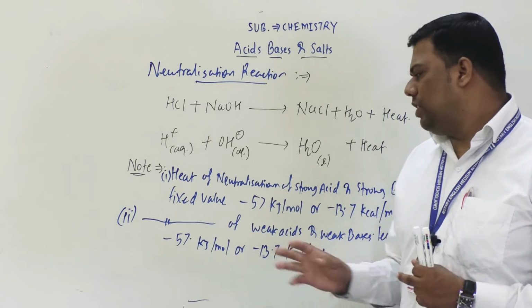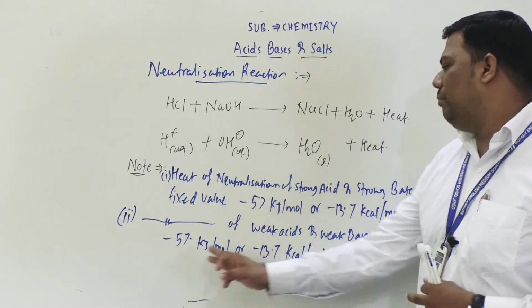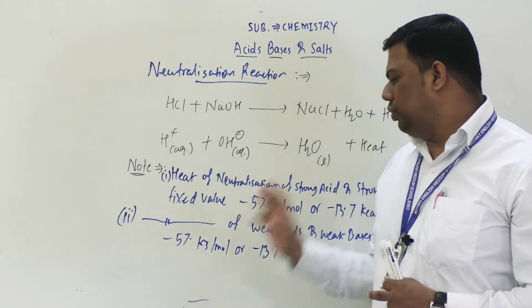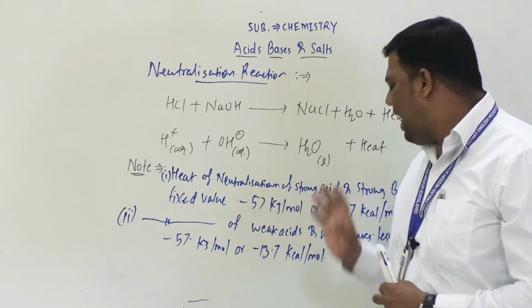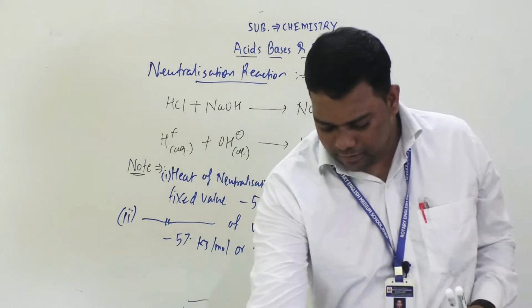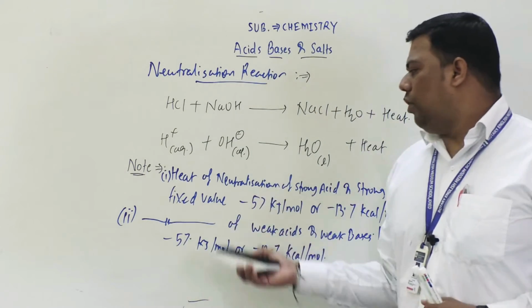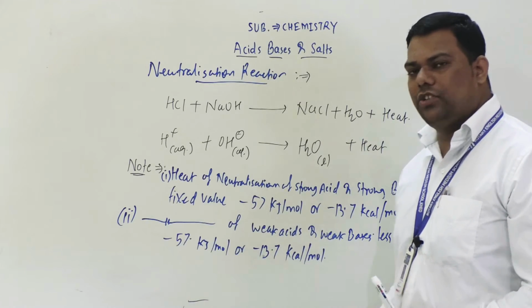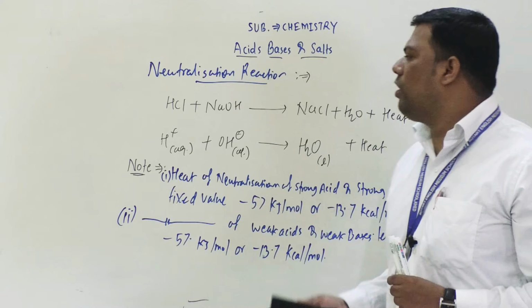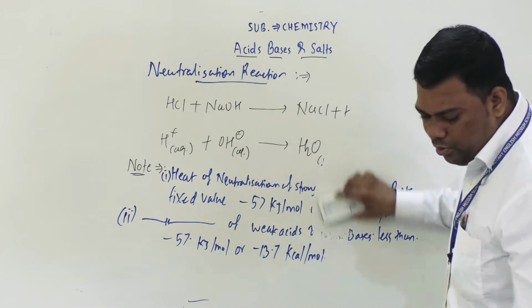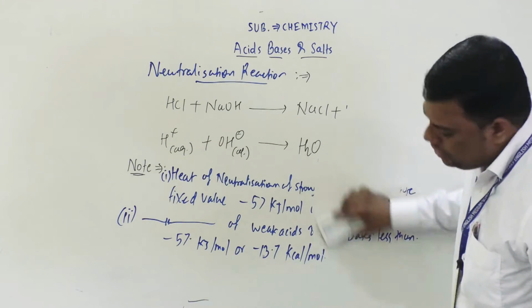That's why it is less than minus 57.0 kilojoule per mole or minus 13.7 kilocalorie per mole. This will come in your higher standard. This value is very much important. Now we will move towards the next topic.